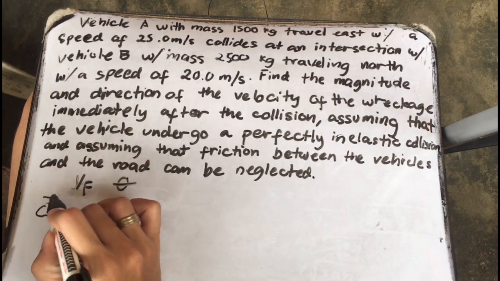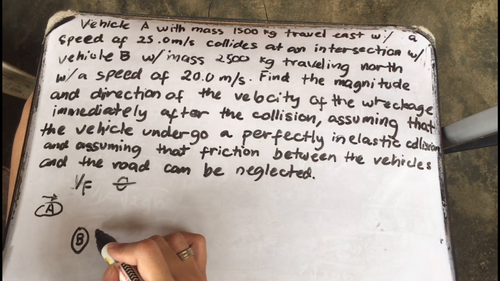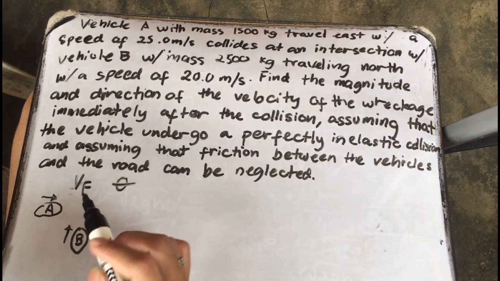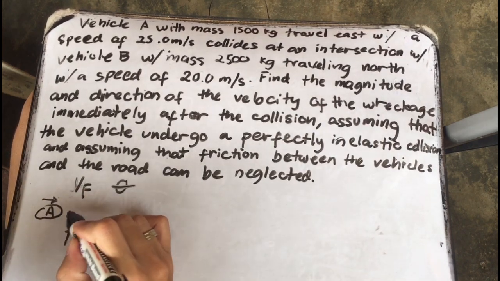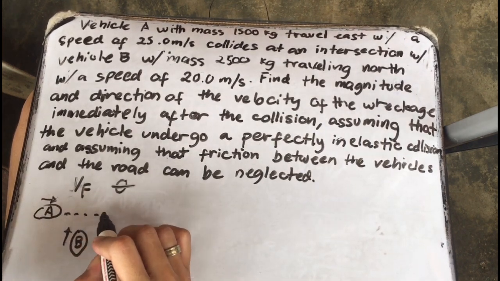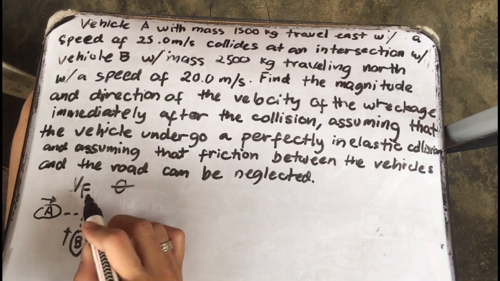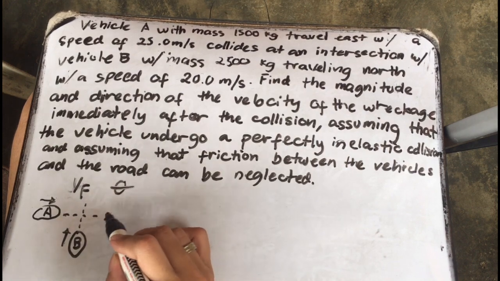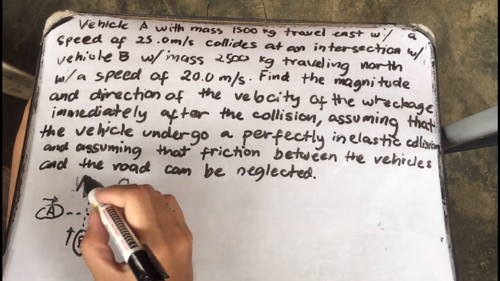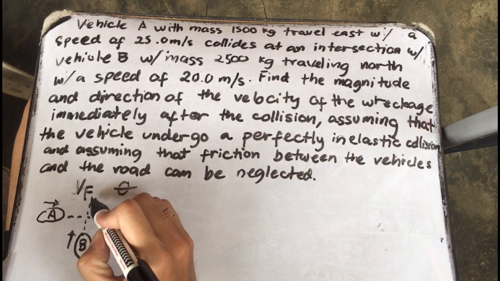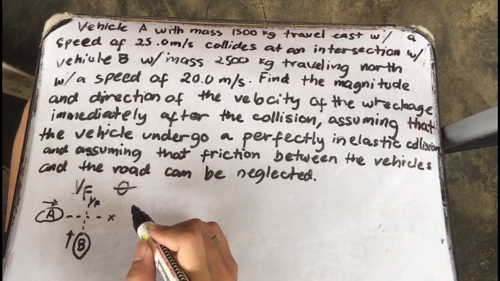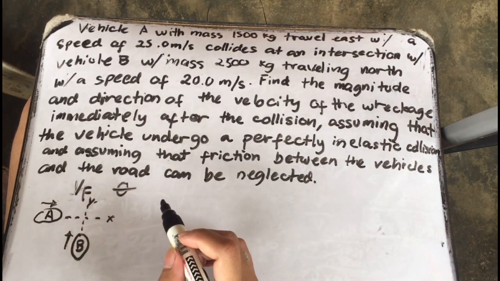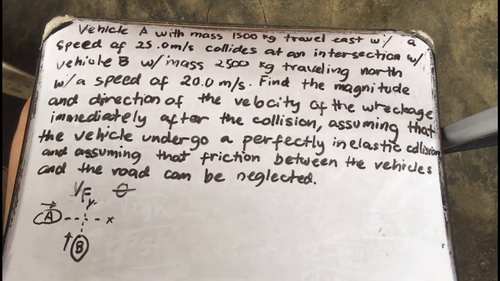So, ang question natin: vehicle A with a mass of 1,500 kg travels with a speed of 25 meters per second, collides at an intersection with vehicle B with a mass of 2,500 kg traveling north with a speed of 20 meters per second. Find the magnitude and direction of the velocity of the wreckage immediately after the collision.